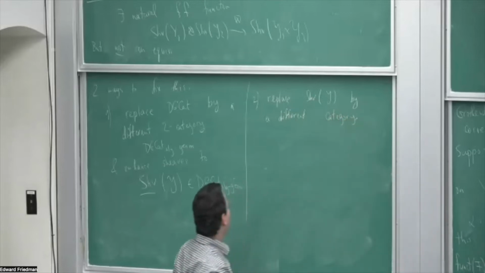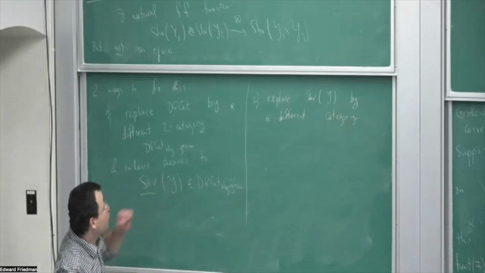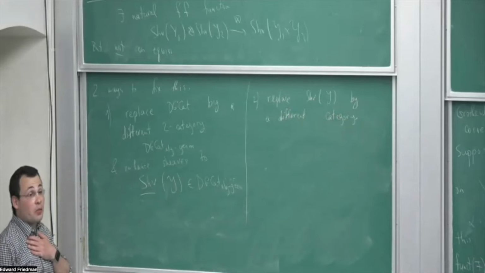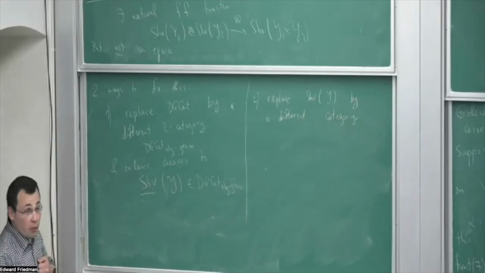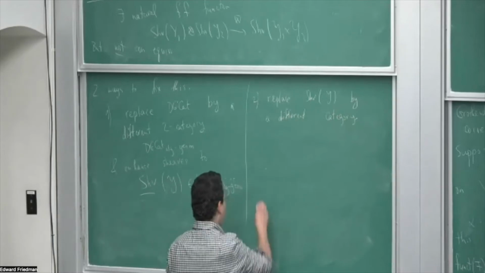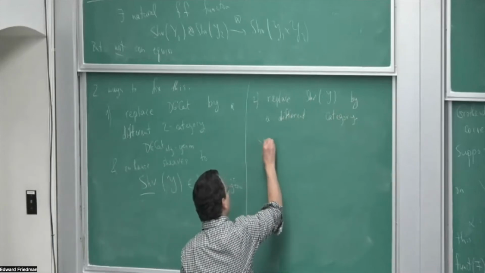So for most of the remainder of the talk, let me focus on the second idea in the case that we're interested in, which is to get automorphic forms.